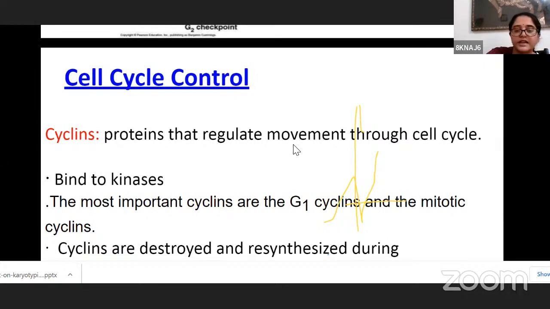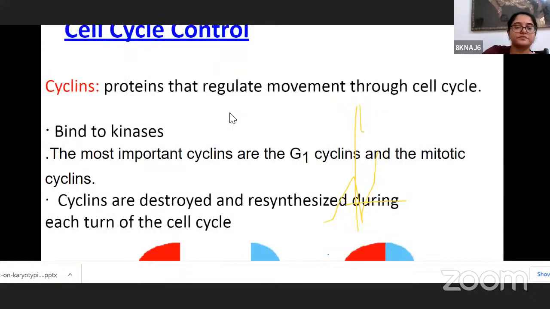All of these are CDK cyclin complexes, because of which the cell can either be arrested at that particular phase, or, in the CDK cyclin complex, a phosphate group will come and attach itself, and the cyclin protein attaches to the complex, because of which there is either breakage or attachment. This leads to further going into the next phase.